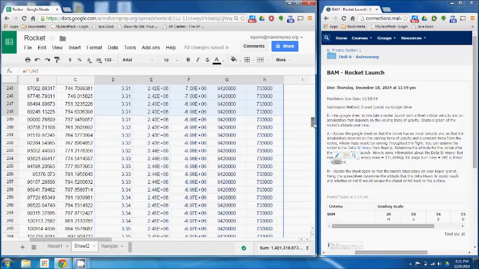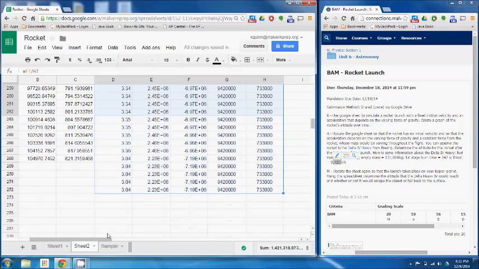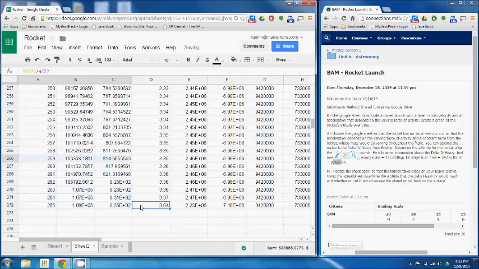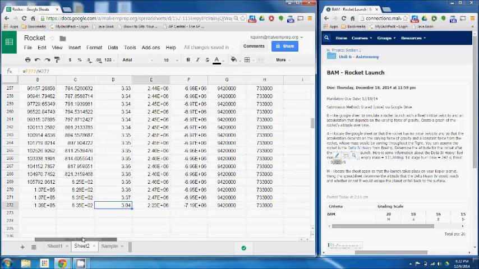All right. Now, something that you may not notice is that the numbers that we have here are not quite right. There's a couple reasons for it. Here we are, 265 seconds into our launch. And if you go all the way to this rightmost column, the mass of the rocket is still the same.